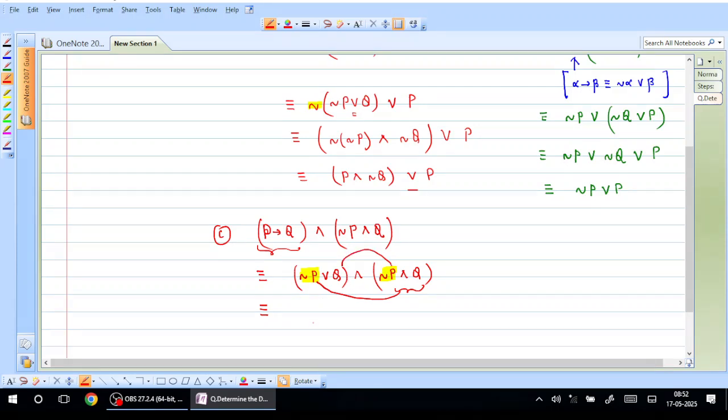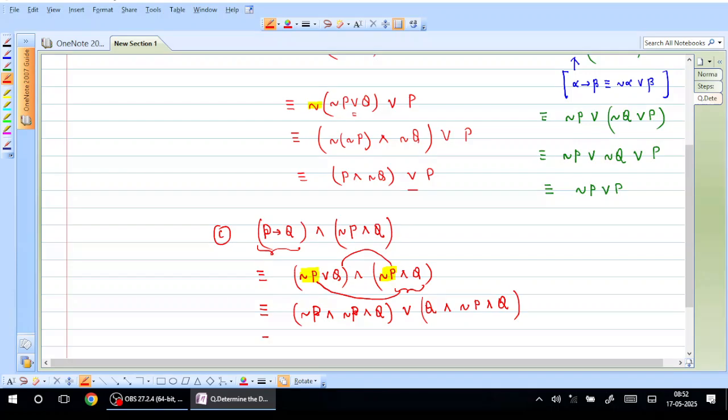So what I am going to get: negation of P meet Q, negation of P meet Q, right? Negation of P meet Q, and then I have the join symbol, then I have Q meet negation of P meet Q.